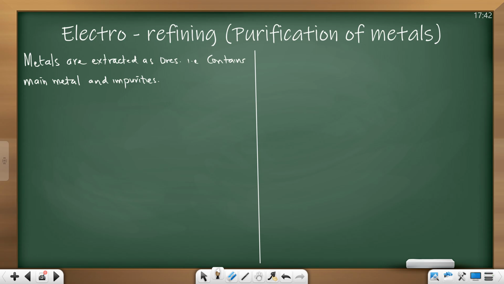Basically, a quick note that will help you. Think of electroplating a tiny piece or a tiny rod of pure metal with another metal to be purified.